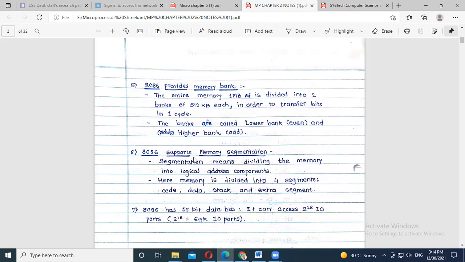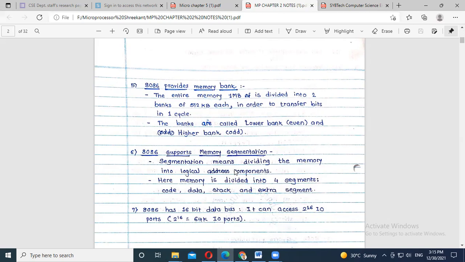And the sixth main feature is segmentation. In total we use 4 segments. Those 4 segments are nothing but the code segment, data segment, stack segment, and extra segment.